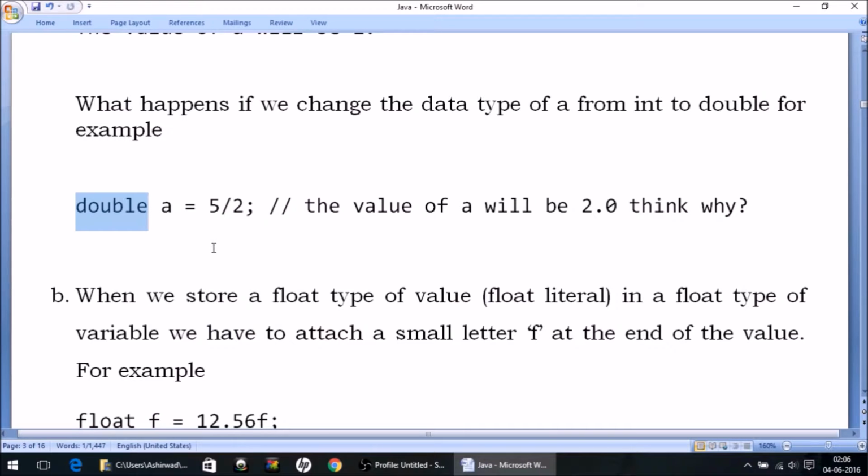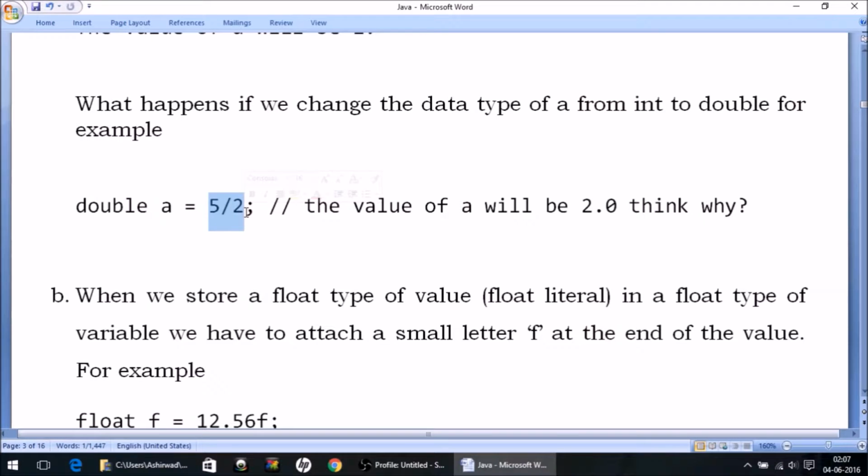It seems that now we are going to get 2.5 as we have taken double data type here, but the answer is again no. And you have to understand this thing in the same manner that integer divided by integer is always integer. So what we get here is again 2. Since 5 is an integer number, 2 is another integer number, and integer divided by integer. Okay, this is what is happening here.